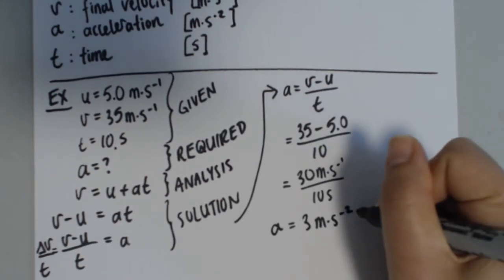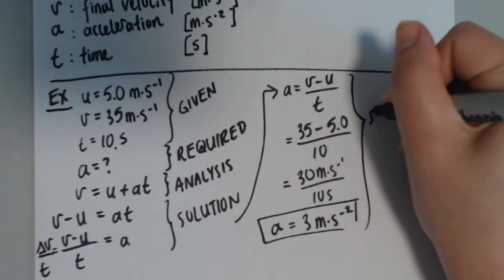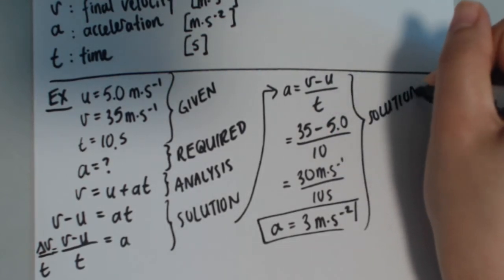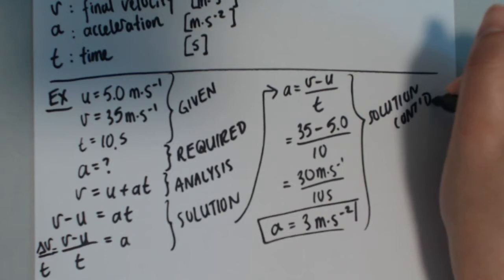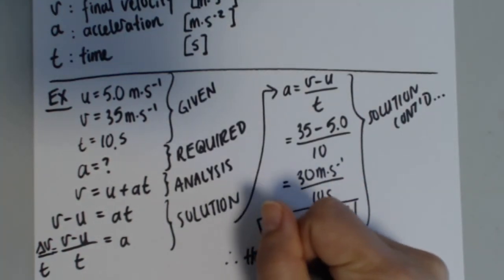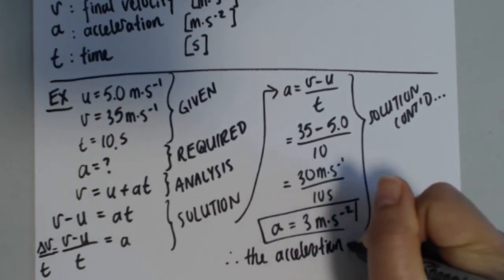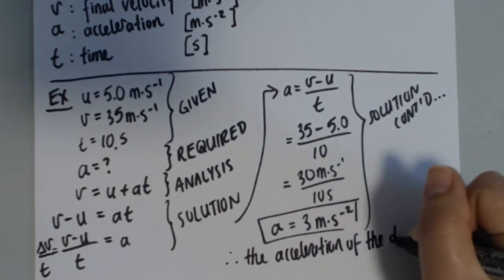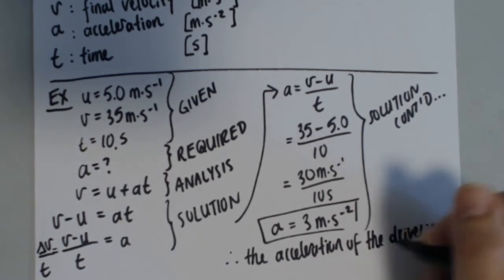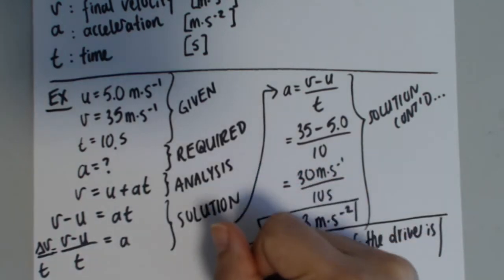All right. Now, this is also part of the solution. Solution continued. Usually there's another part here and we say, therefore, the acceleration of the driver is 3 meters per second squared. And this also goes in a box.